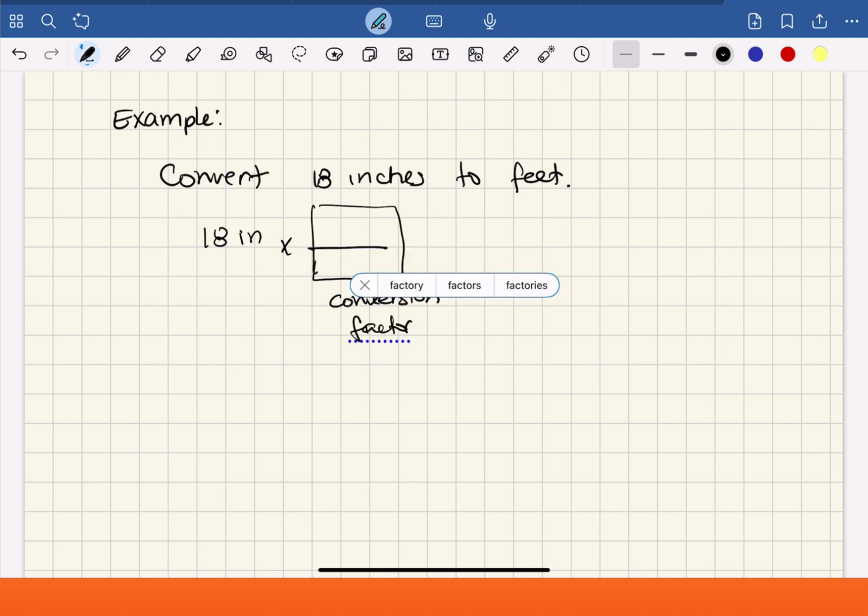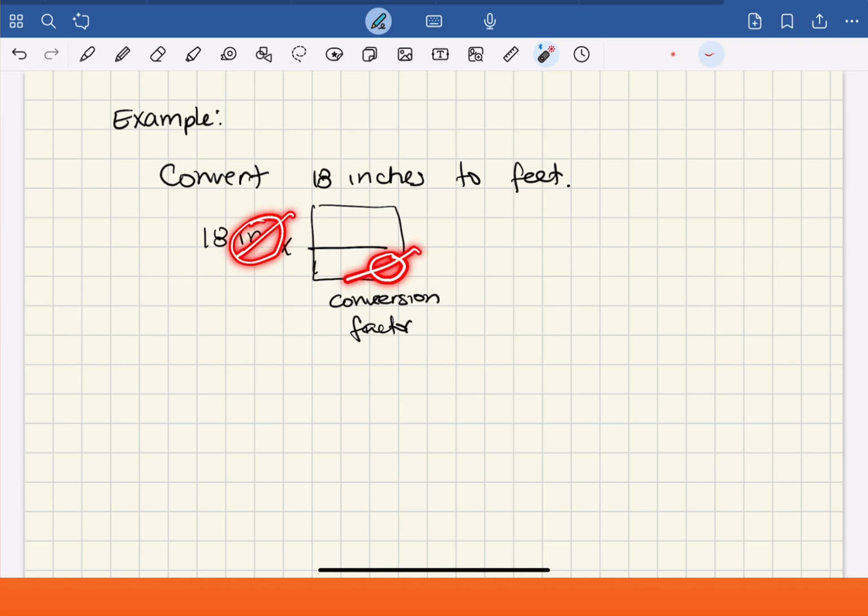For the conversion factor, you have to match the units. I have inches and I want to get rid of inches, so inches has to go in the denominator so the units cancel out. Otherwise, you will have inches squared, and that's not what you want. The new units that you want, in this case feet, go in the numerator.